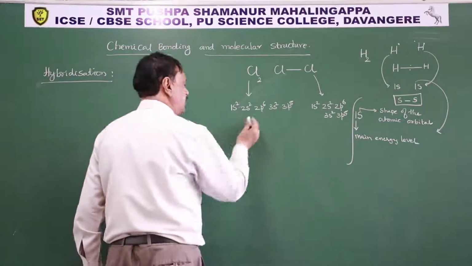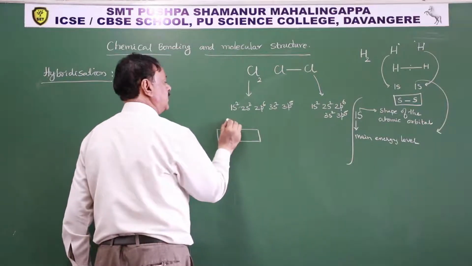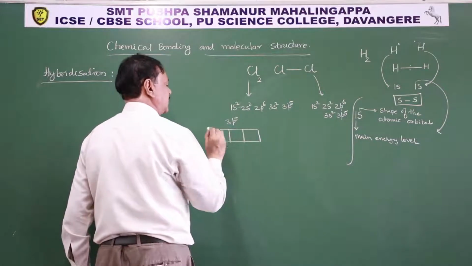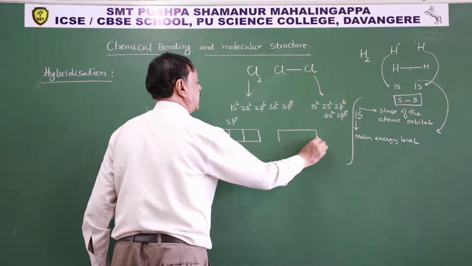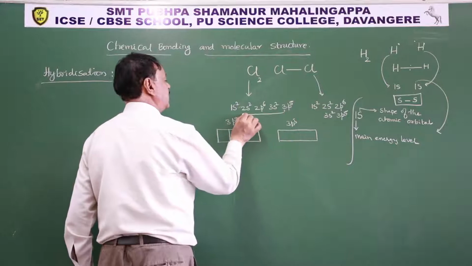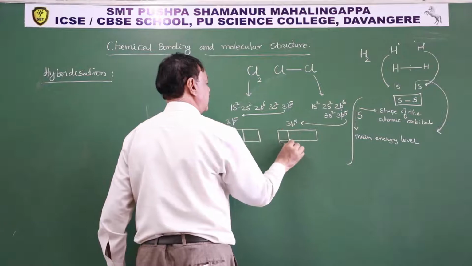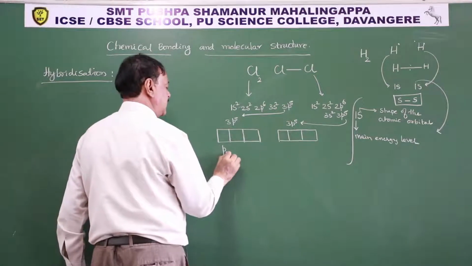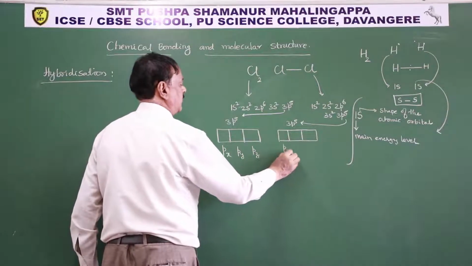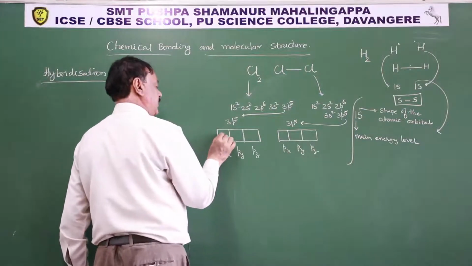According to Hund's law of maximum multiplicity, for the 3p5 configuration, the p atomic orbital has 3 sub-orbitals: px, py and pz atomic orbitals.